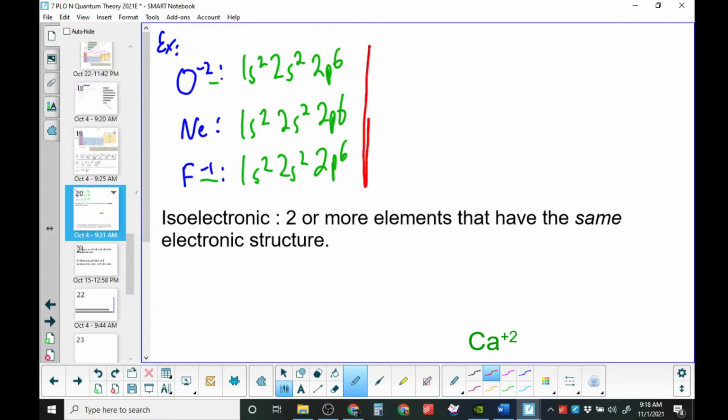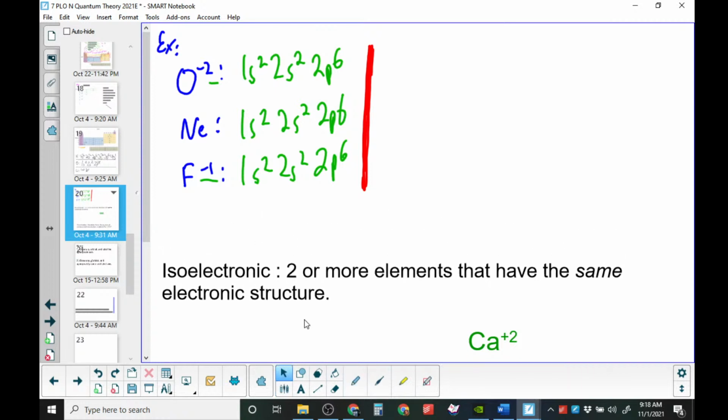I'm going to rewrite these. And what I'm going to rewrite them as, you can put this underneath, is that the electronic structure for helium is equal to 1s2. Does anybody not know where I got that?